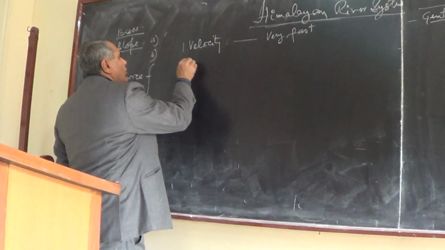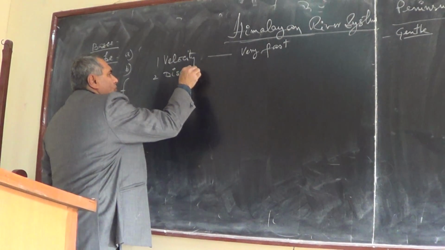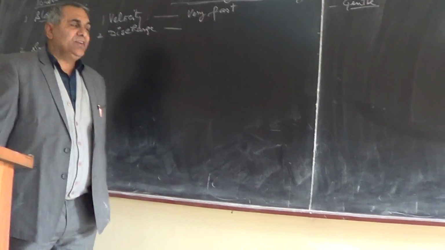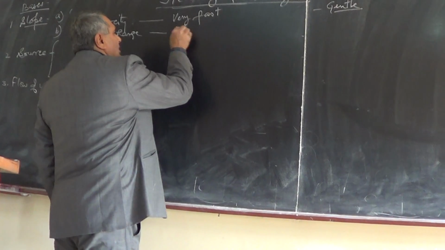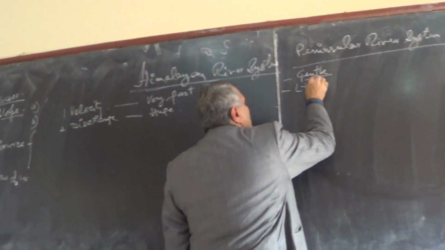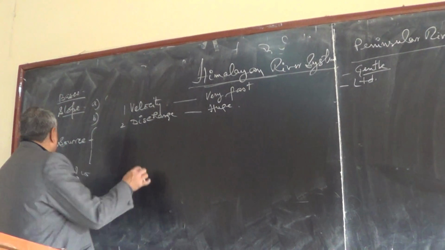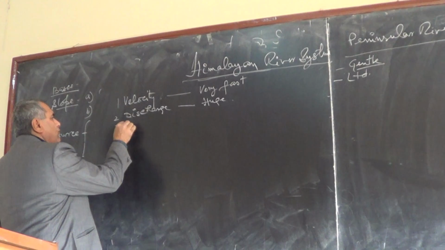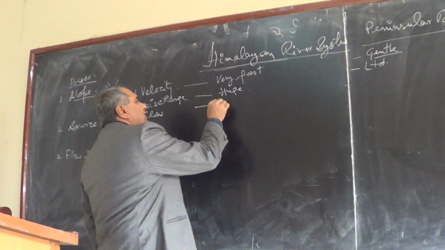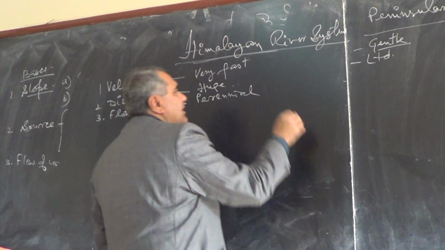Number 2, discharge of water. Himalayan rivers have huge discharge, and peninsular rivers have limited discharge. Flow: these are the perennial rivers, the Himalayan rivers.